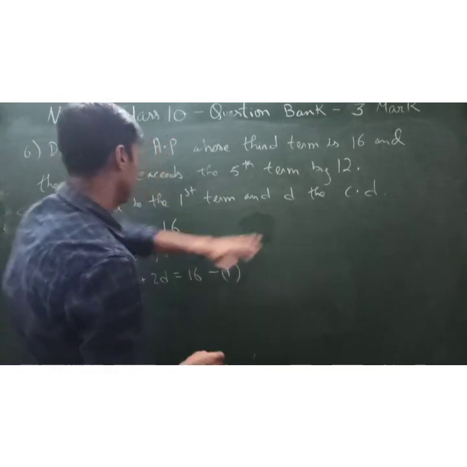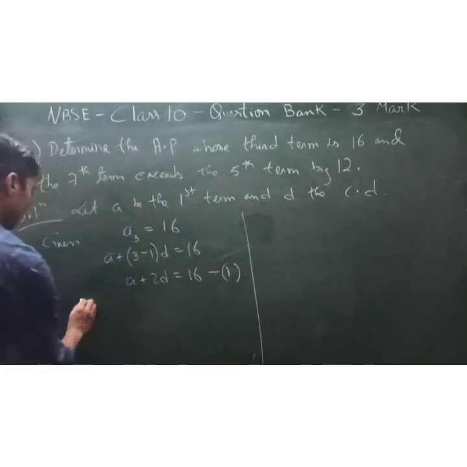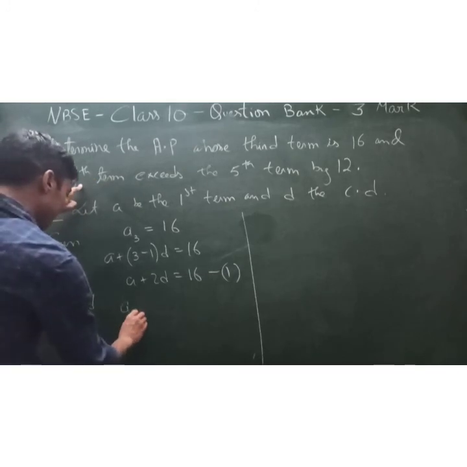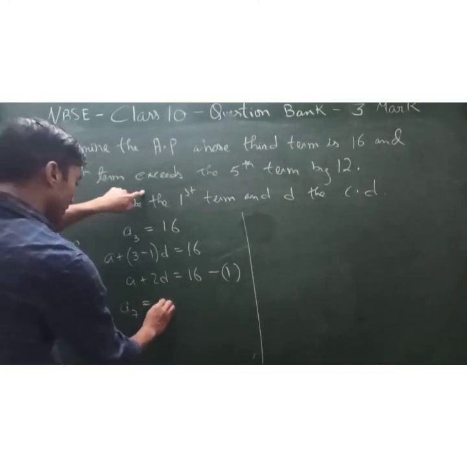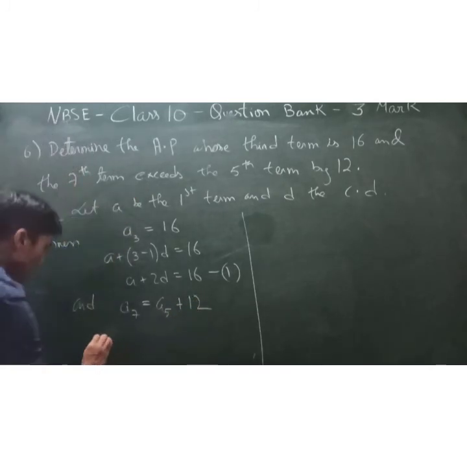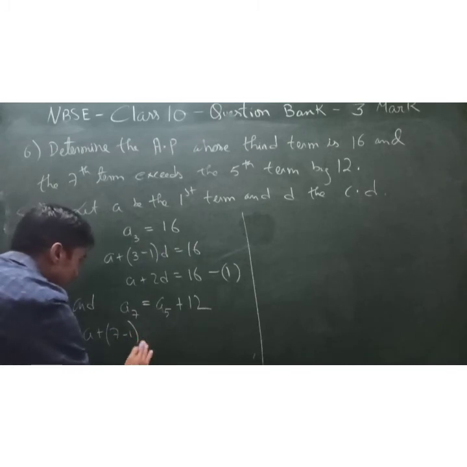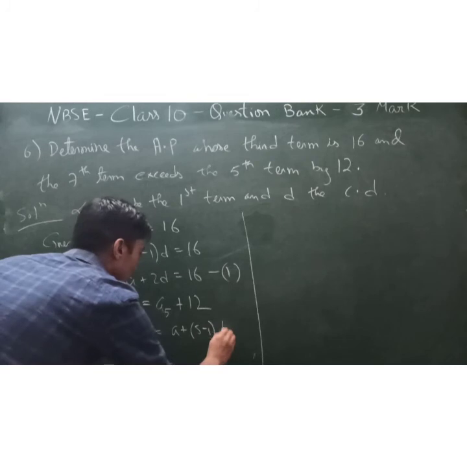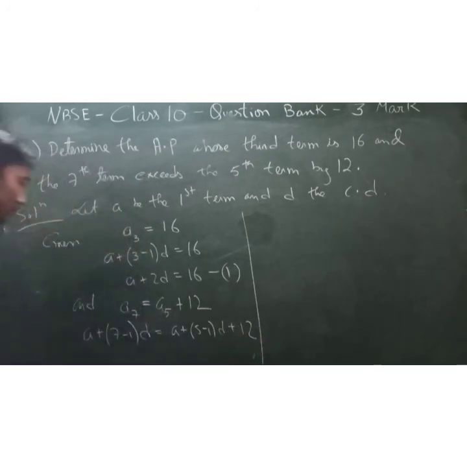And it also says the seventh term exceeds the fifth term by 12. So the seventh term can be written as A plus 7 minus 1 into D, that is 6D, and the fifth term A plus 5 minus 1 into D, plus 12.